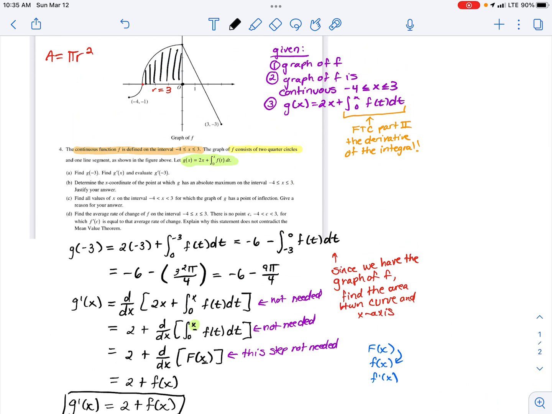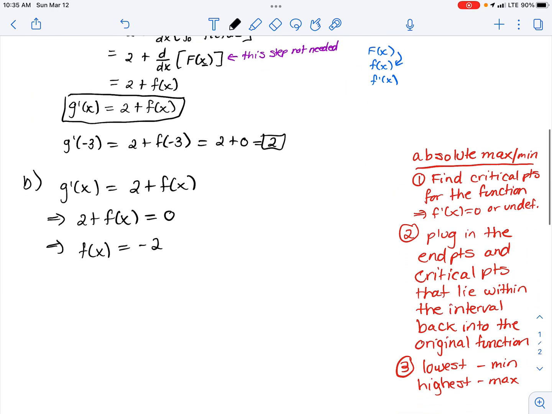Okay, so looking for this intersection point, it looks like at 2.5, which means that x is equal to 2.5 or 5/2. Same thing.